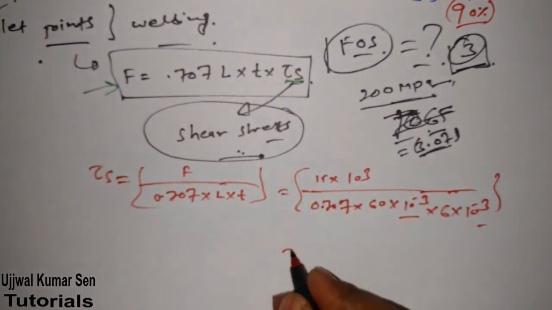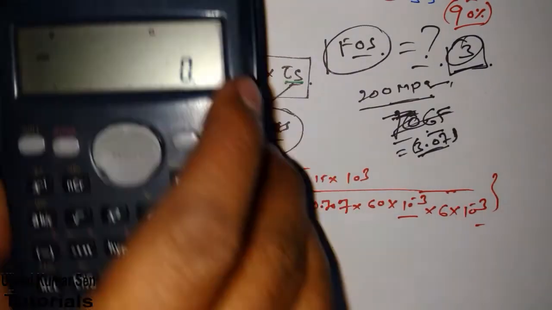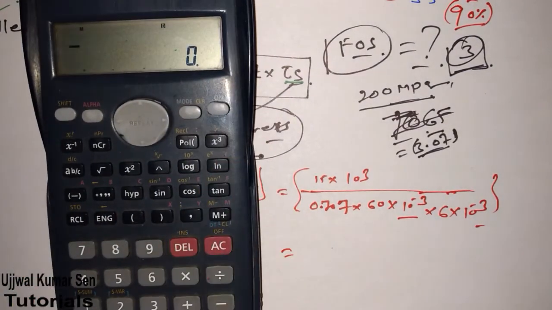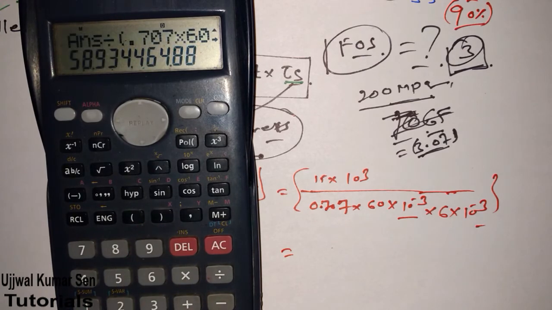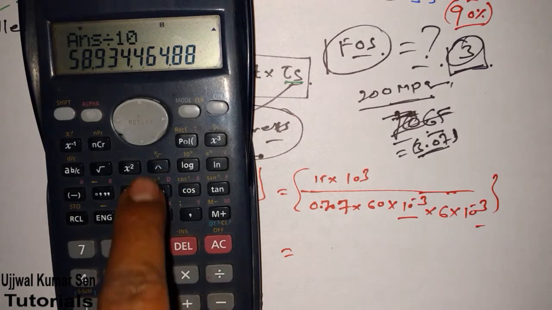Now what do we require, can you guess, my dear? Yes, as I usually ask, we require a calculator. 15 times 10 to the power 3, so 15,000 divided by 0.707 multiplied by 60 multiplied by 6 multiplied by 10 to the power minus 6. So what value exactly are we getting? It's quite lengthy, so let's divide by 10 to the power 6.